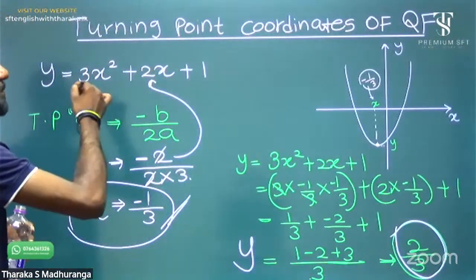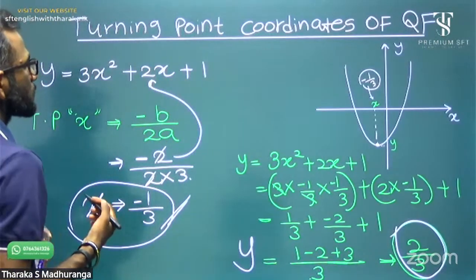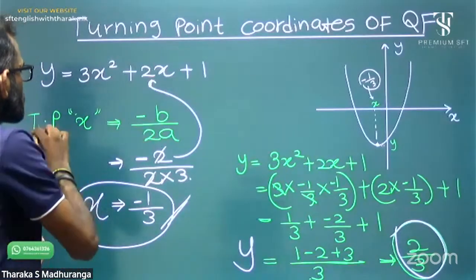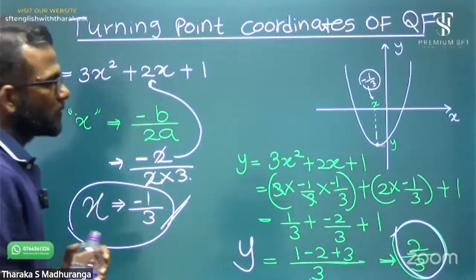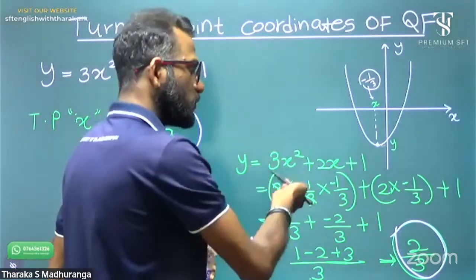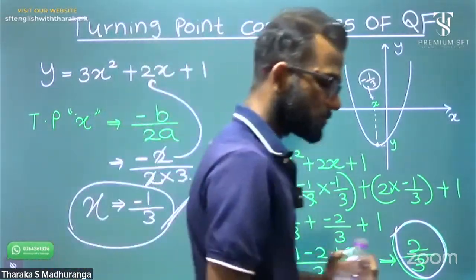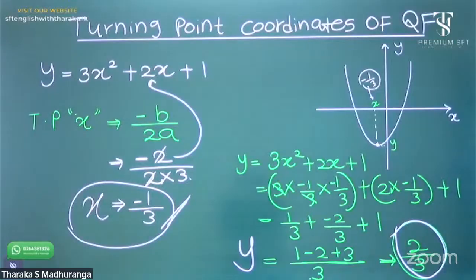Clearly note down. This is the turning point x coordinate. This is the y coordinate by the substitution method. Note down up to this level.